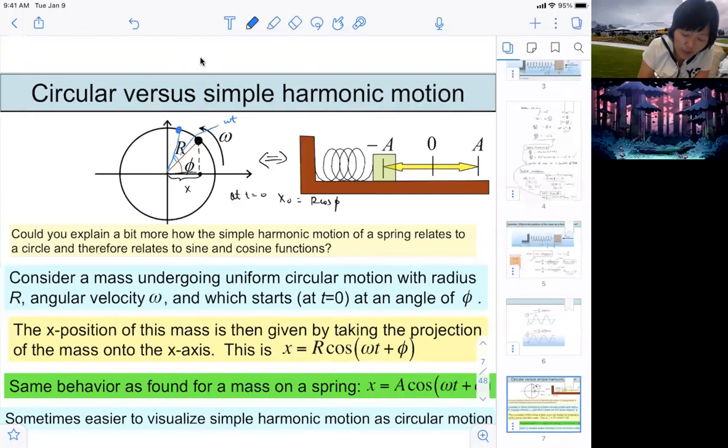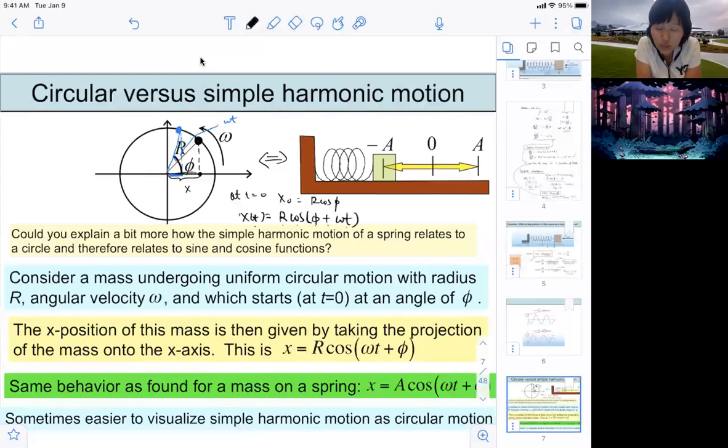At that location, the x position of the mass as a function of time is r cosine of the new angle. The new angle is the original angle plus how much your mass has swept by, which is omega t. So x as a function of time is r cosine of phi plus omega t.